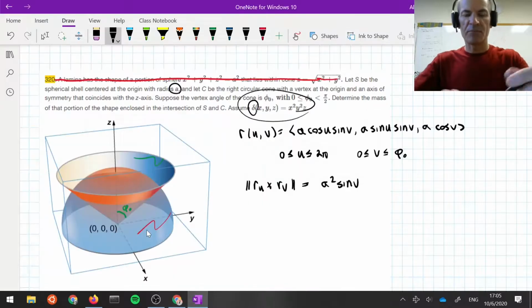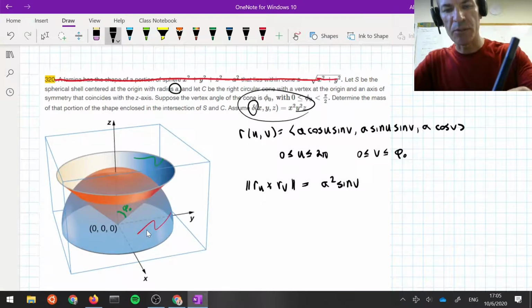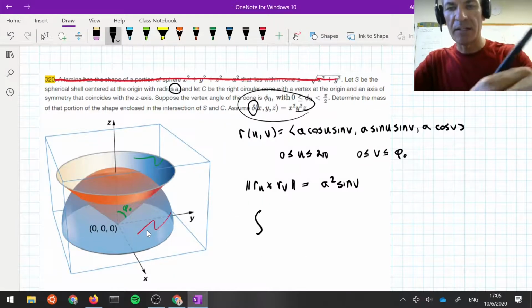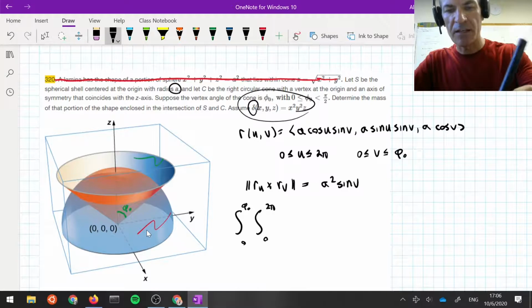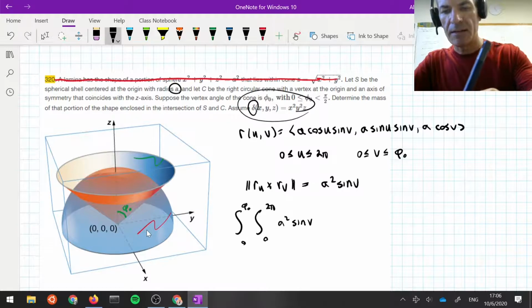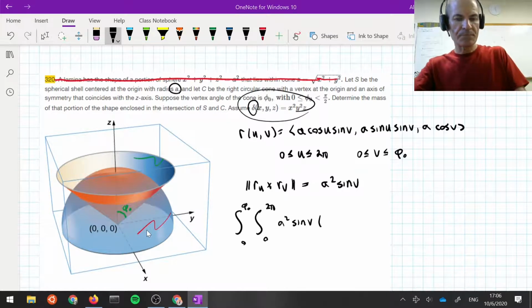All right, so let me build the intermediate integral for you. So now we're going to integrate in the u direction from 0 to 2 pi, in the v direction from 0 to phi naught, a squared sine v times the quantity.